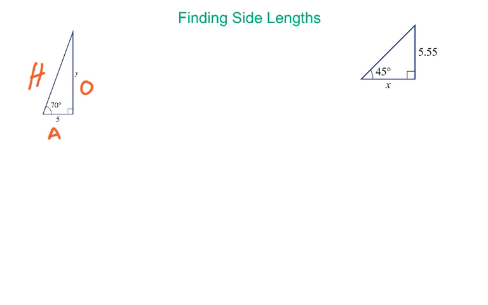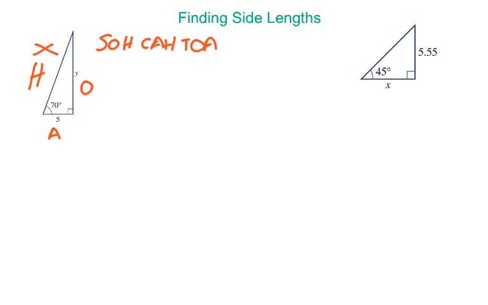Once I've actually labelled my sides, look at the sides of the triangle that have information. So your opposite and your adjacent has information. We have a side length of 5 and we have y, which we're trying to find. There is nothing on my hypotenuse. So when you look at your rule, SOHCAHTOA, this can help you pick which rule you're going to use.